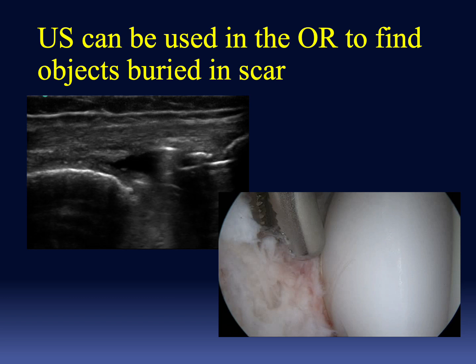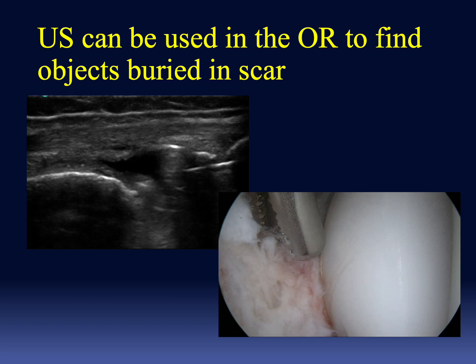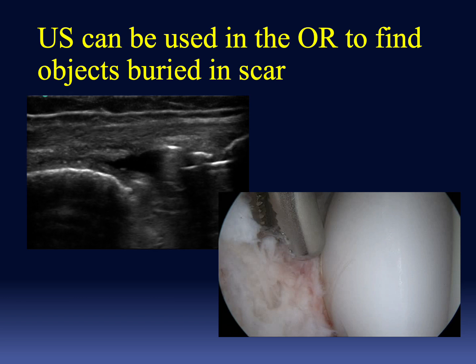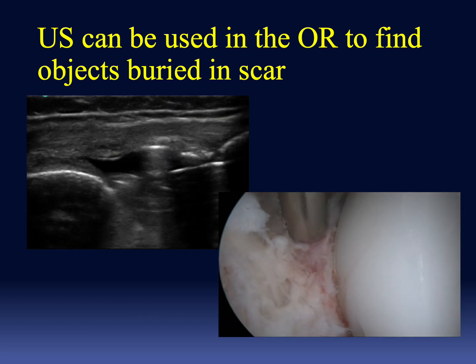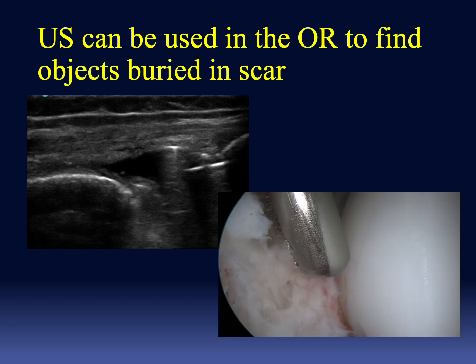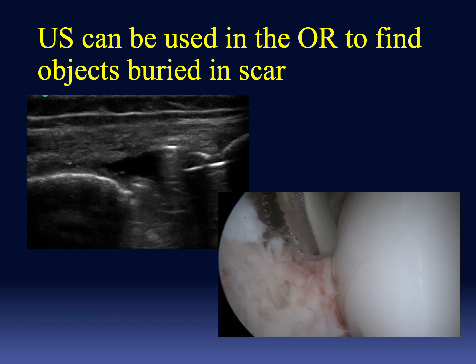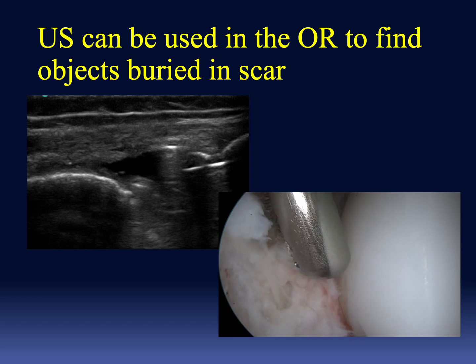Here we can see on the left the instrument approaching the bony fragment, and on the right we see the arthroscopic view, and we can see the grasper pulling the bone fragment which had been exposed with a shaver.